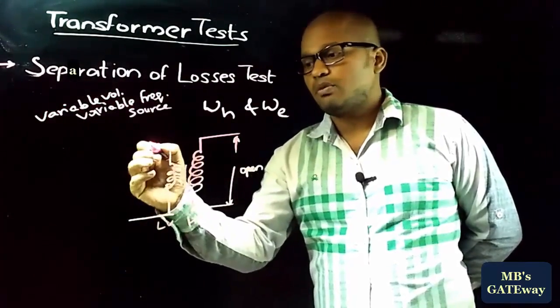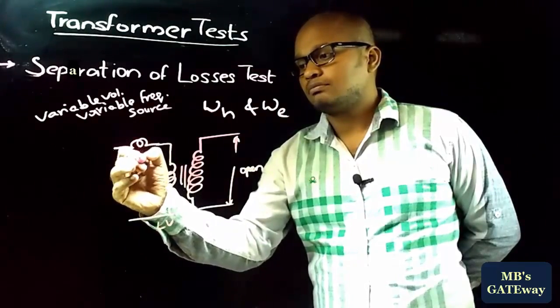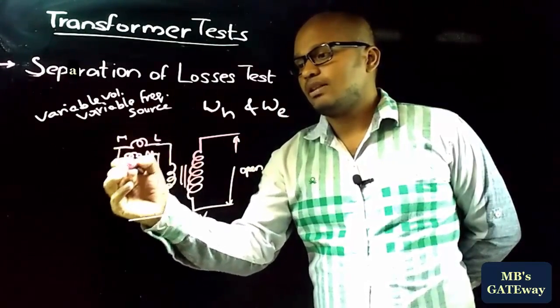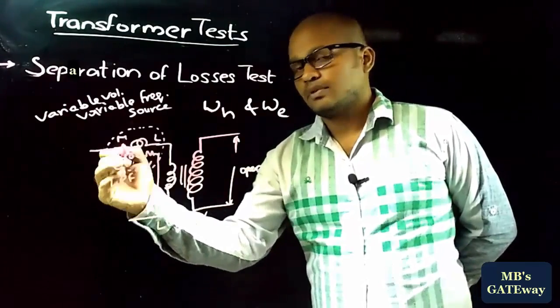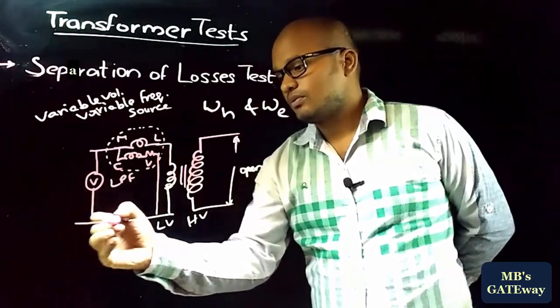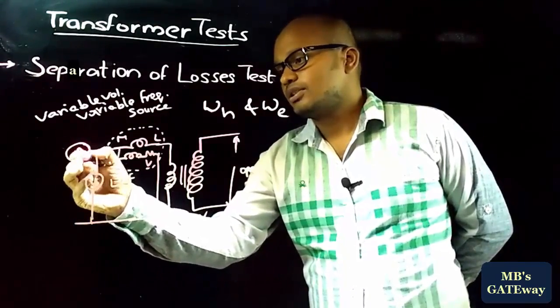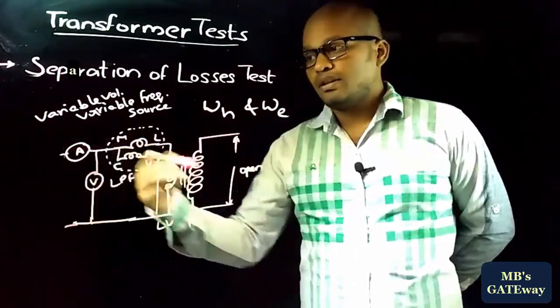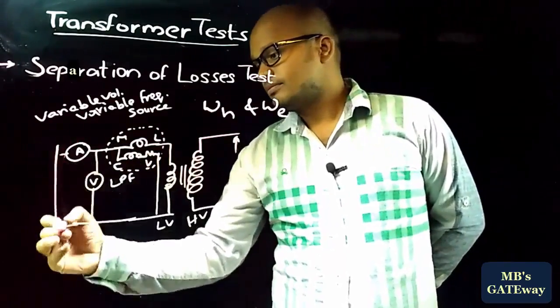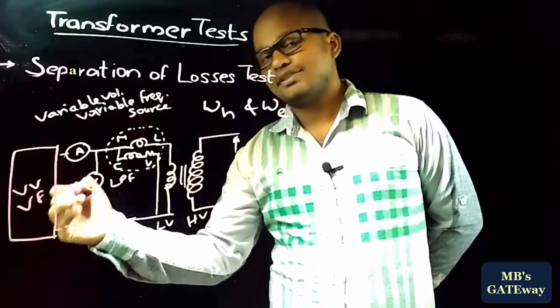To measure the input power, we make use of an LPF wattmeter, which has terminals ML, C, V. To measure the input voltage, an MI type voltmeter, and to measure the input current, an MI type ammeter. And here the source is a variable voltage, variable frequency source.